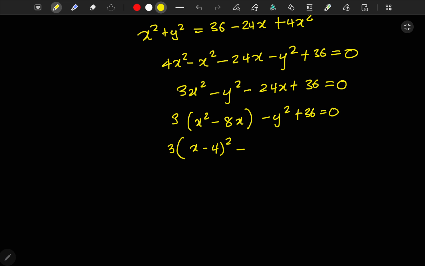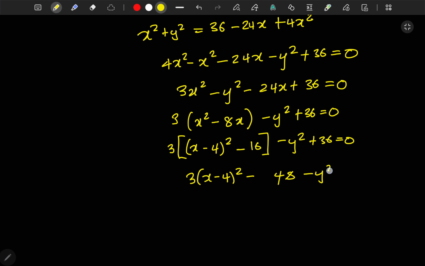So 3 times (x minus 4) squared minus 16, then minus y squared plus 36 equals 0. Expand throughout, so you get 3(x minus 4) squared minus 3 times 16, which is 48, minus y squared plus 36 equals 0.